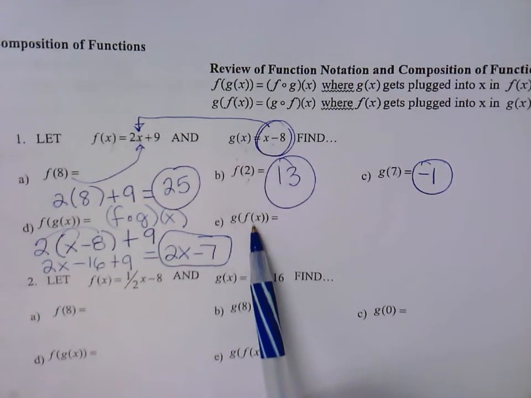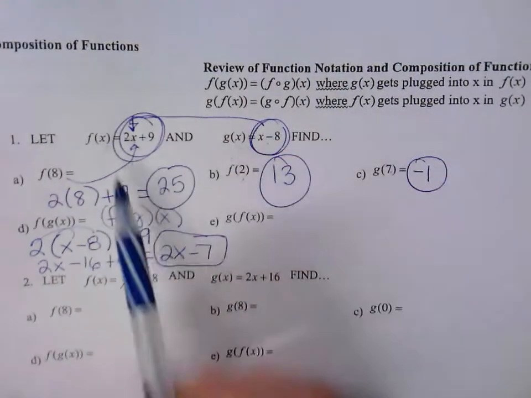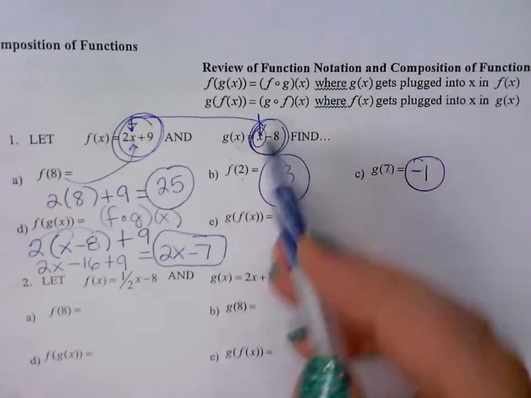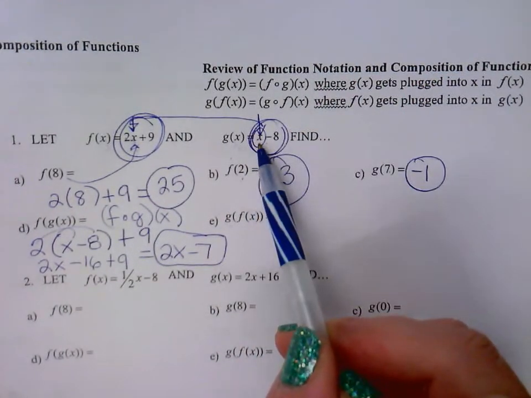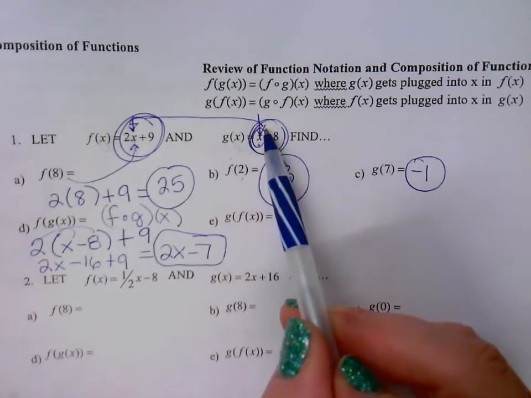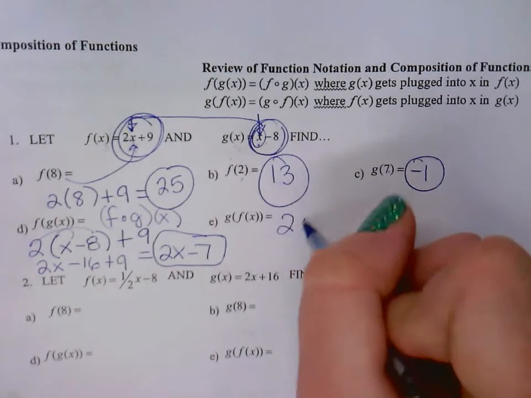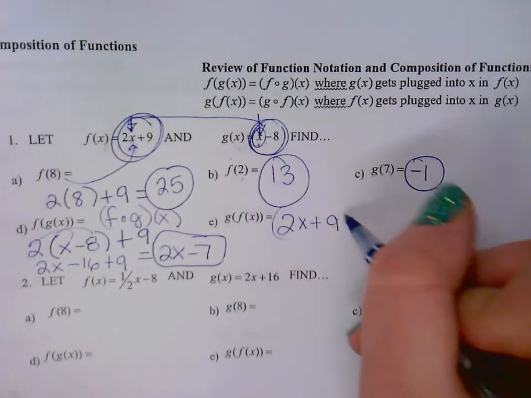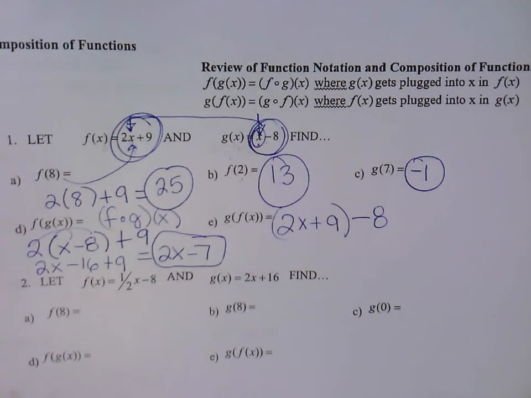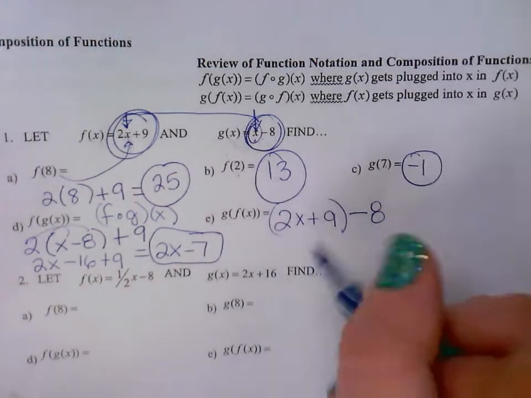So you're going to take this 2x plus 9 and plug it into this function only for the x. So you're going to take 2x plus 9 and just subtract 8. 2x plus 9, that's basically your x minus 8. The parentheses aren't really doing anything, so I can just do 9 minus 8 and get 1.